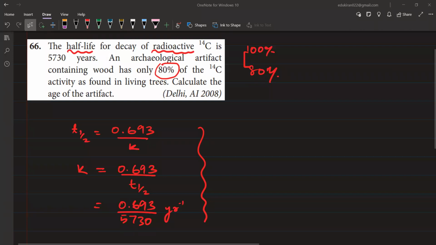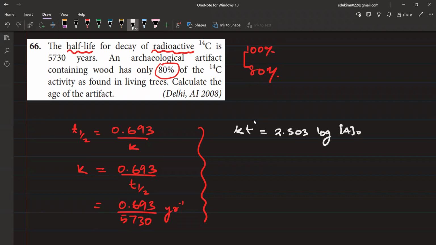Now, what is the first order integrated rate law equation? Kt is equal to 2.303 log A naught upon A. Now you need to find time. So time will be equal to 2.303 upon K log of, initially it was 100, how much is remaining? 80 is remaining.